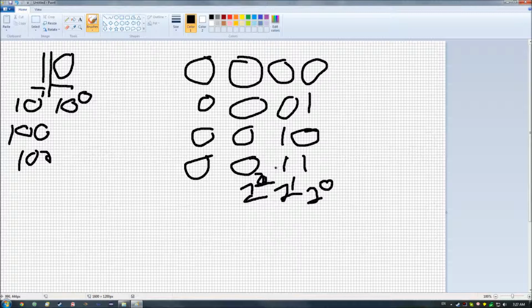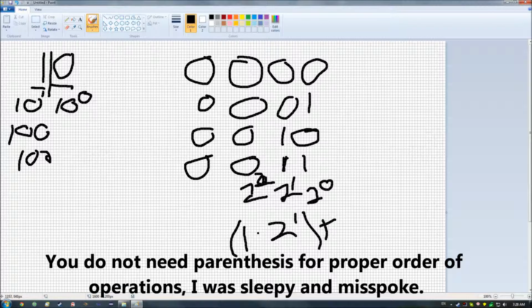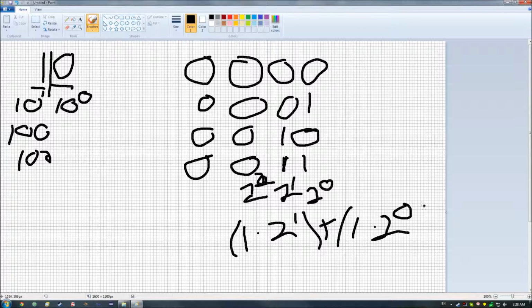So what you do, in order to convert from binary over to decimal, is you multiply the value here by the value down here that corresponds to that number. So in this case, we have 1 times 2 to the 1, plus, and this all needs parentheses around it so that it occurs first in the order, 1 times 2 to the 0.